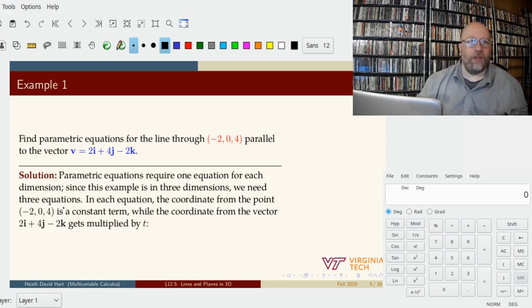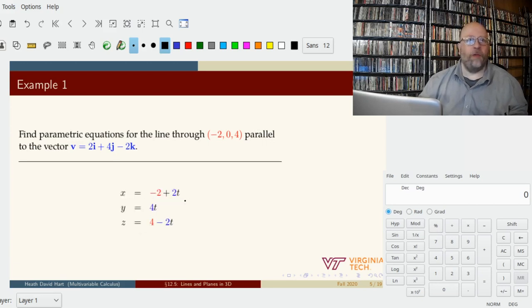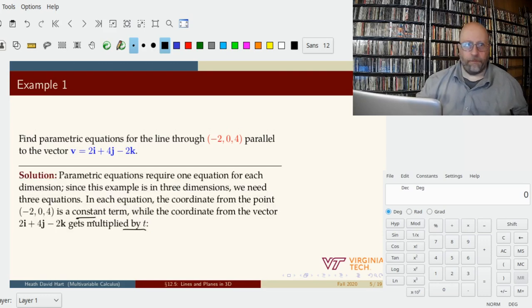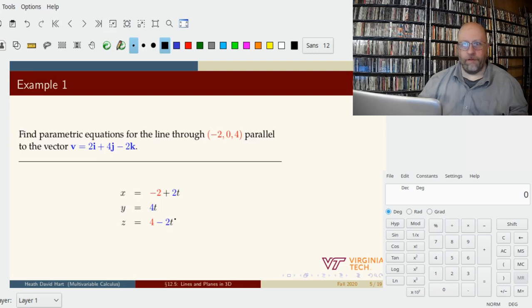In each equation, the coordinate from the point -2, 0, 4 is a constant term, while the coordinate from the vector 2i plus 4j minus 2k gets multiplied by t. And so we get -2 plus 2t, 0 plus 4t, which is just 4t, and then 4 minus 2t. This is what we had back here. This is the same answer.